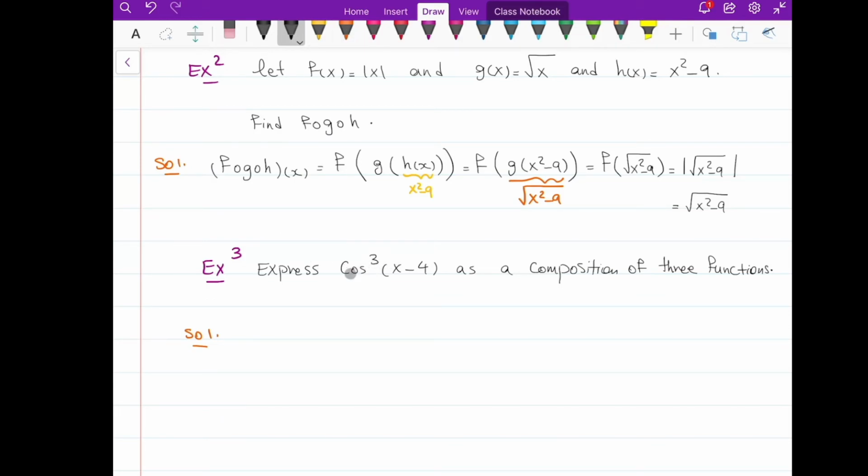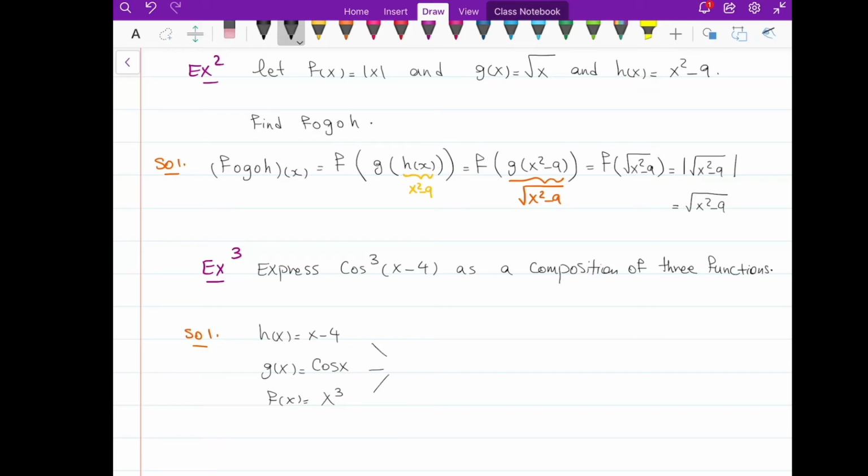Cosine would be one function, and then cubing could be another function, and x minus 4 could be another function. So I'm going to say h of x is x minus 4, and then g of x could be cosine x, and then the last one would be cube.